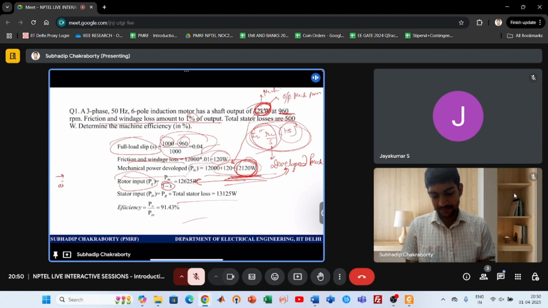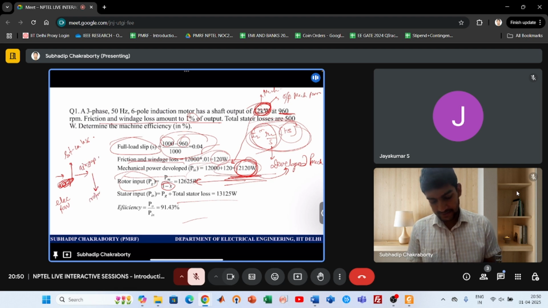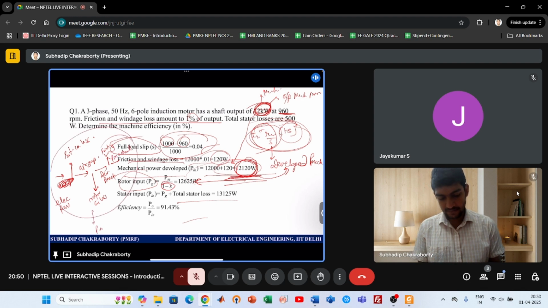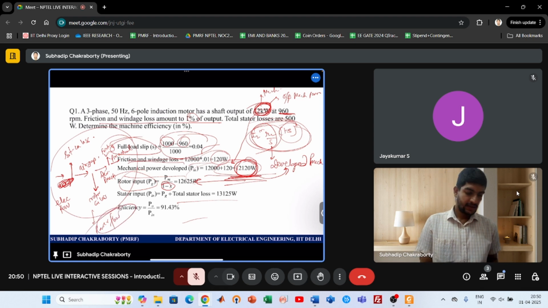So the stages are like this: the electrical power will come, and then the stator copper losses will go away, and then the air gap power will come, and then the rotor copper losses will go away, and then the developed mechanical power, and then I will take out the friction and windage, and then the actual PM. So this is the power flow diagram. And accordingly you can calculate, right?